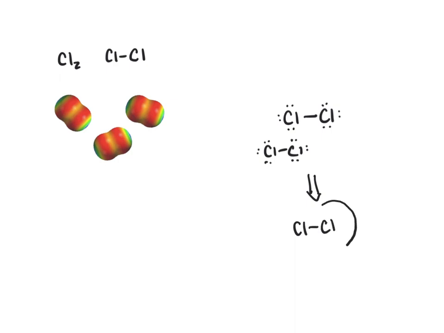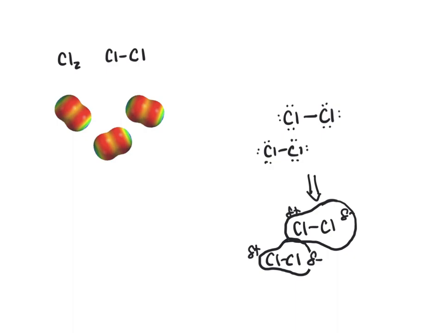And so what might happen is that we might end up getting a chlorine with more electrons over here and less over here, because this chlorine molecule has pushed its electrons closer to this chlorine, and so now I end up with a partial negative charge over here and a partial negative charge over here, and a partial positive charge over here, and a partial positive charge over here.